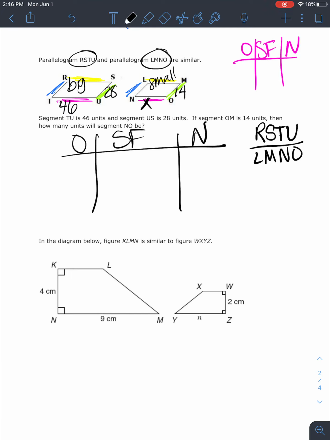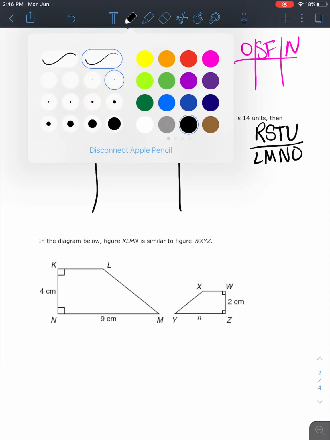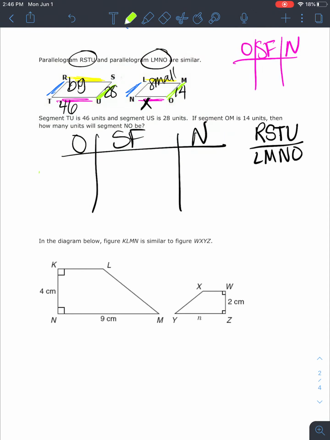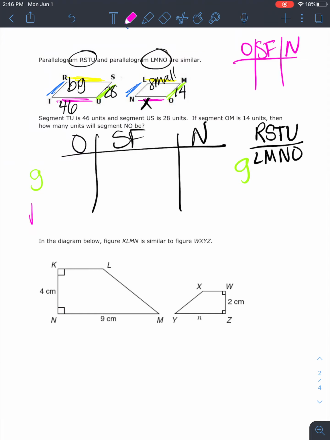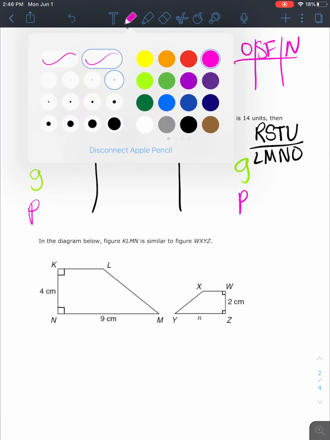So you can compare by size or by color. Since I went through the trouble of doing the colors, I will stick with that. So I'm going to have green on top and pink on the bottom.